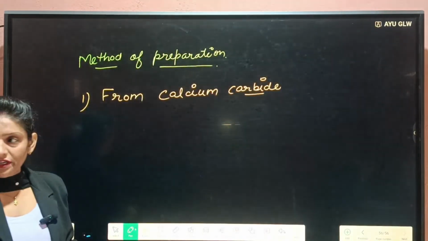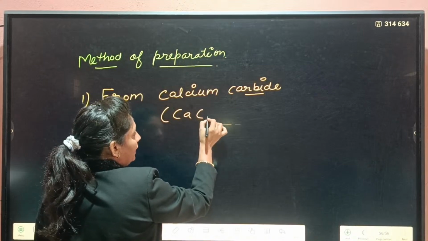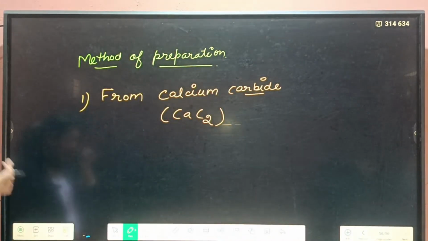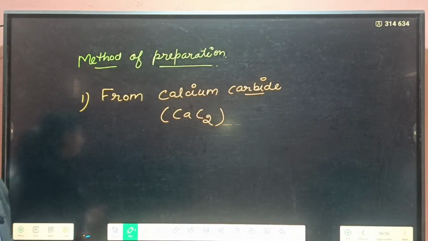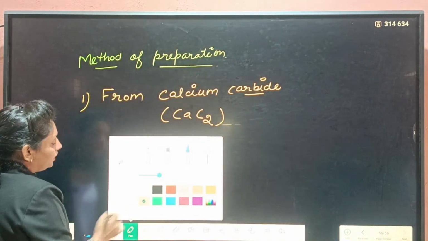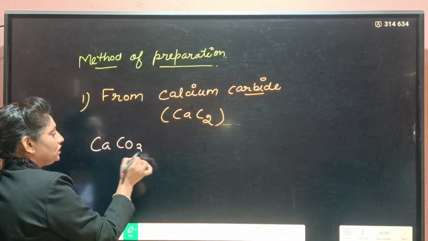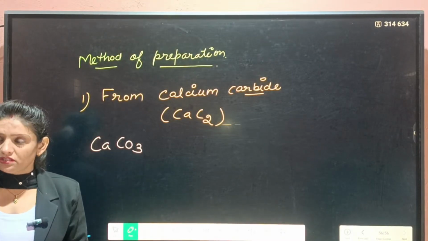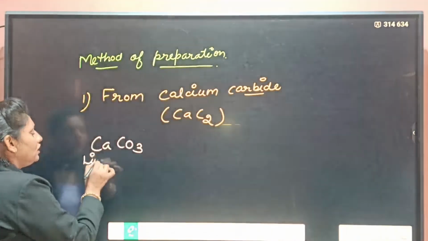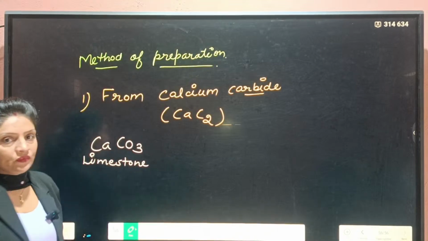Calcium carbide students means CaC2. First of all, how can you obtain calcium carbide? You have CaCO3, calcium carbonate. This is the calcium carbonate, and this is also known as the limestone.